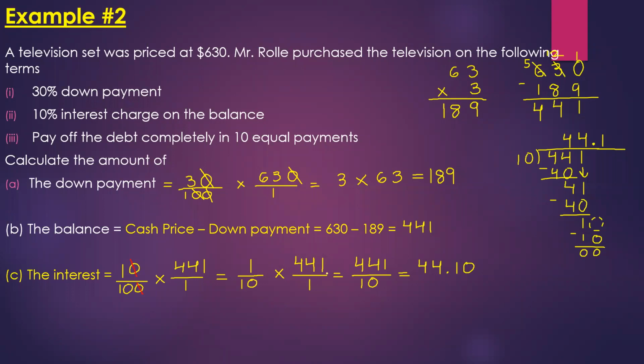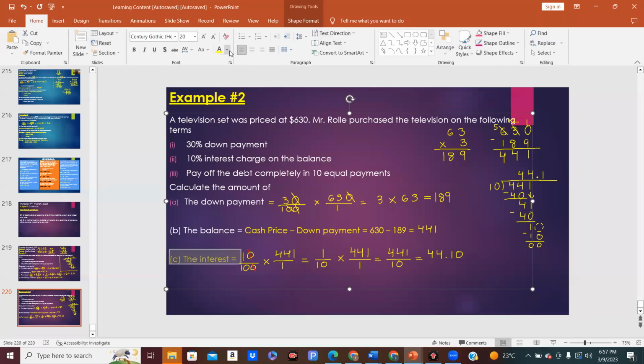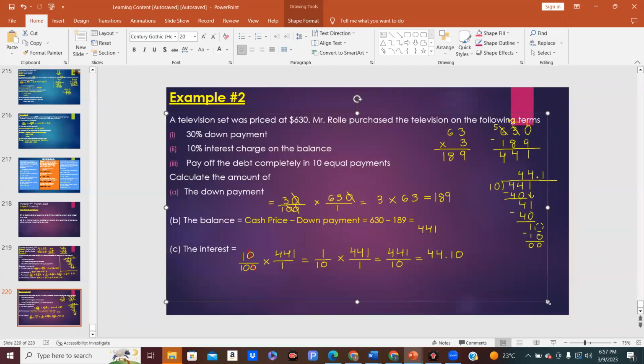Any questions on how we got the interest? No, sir. No? Okay, so that's good. Now, what is the next question? We want the balance plus the interest. Very good.